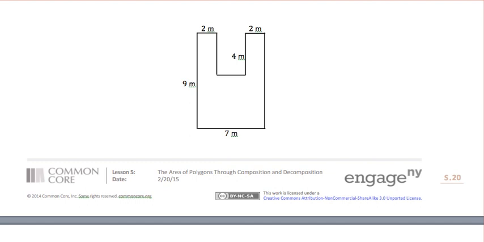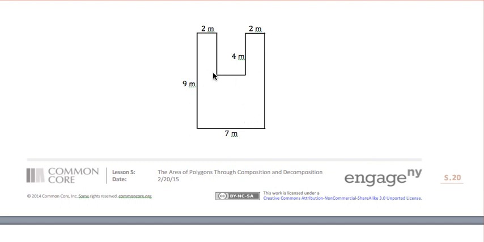Now, the purpose of this lesson is for us to see how we can take composite figures. And a composite figure is a figure that is made up of a variety of different figures pieced together. And in order to find its area, we would need to figuratively cut these figures up into shapes that we can find the area for, because there's no formula for this composite figure.